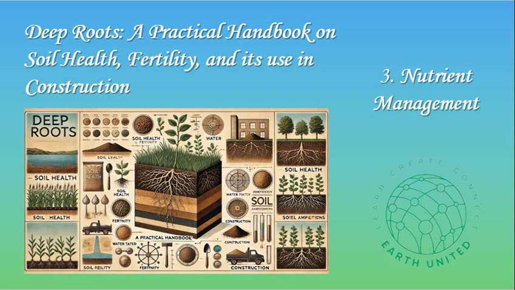Let's say we've done everything right. We've done the soil testing, picked the right fertilizer, adjusted the pH, but something's still not right. What then? Sometimes even with the best intentions, there can be other factors at play. Nutrient management's not the only thing. Of course, you've got watering, sunlight, all the other good stuff.